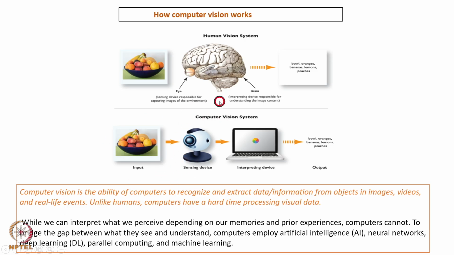That's why we call it a hard time processing. But with fast computers now, it does not take much time. I'm not saying that computer vision is going to replace the human vision system, because we have other qualities like intuition, which is not part of the computer vision system.